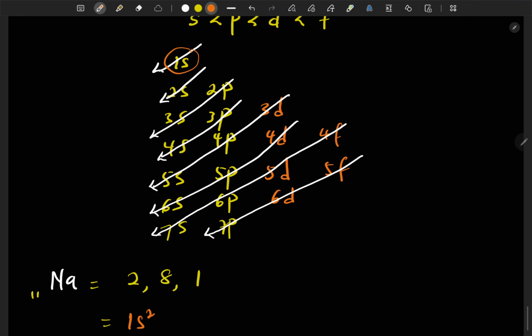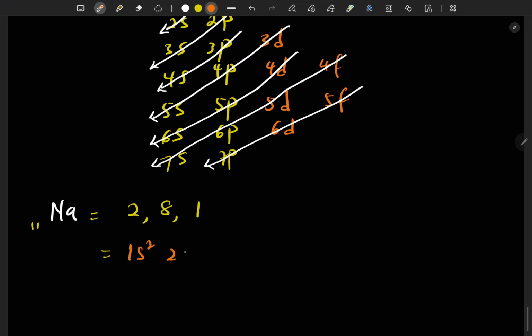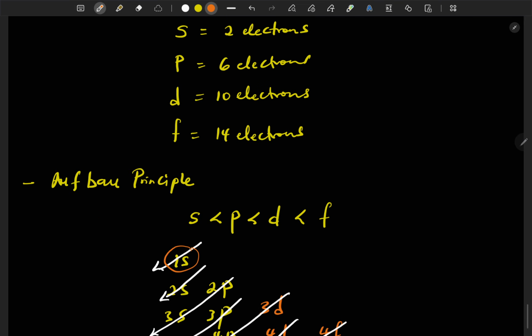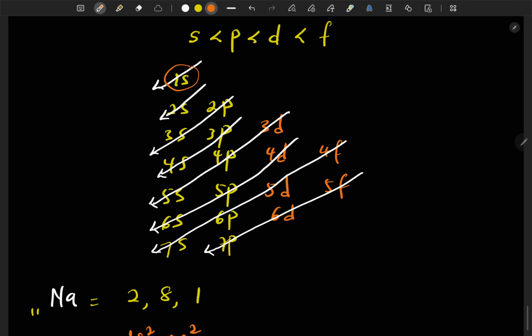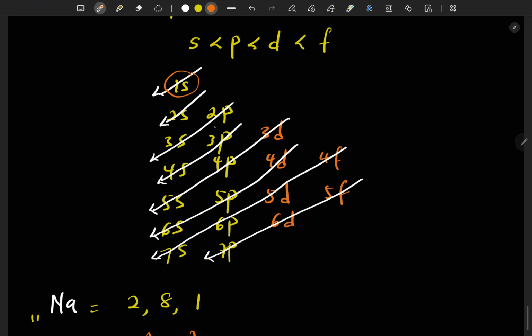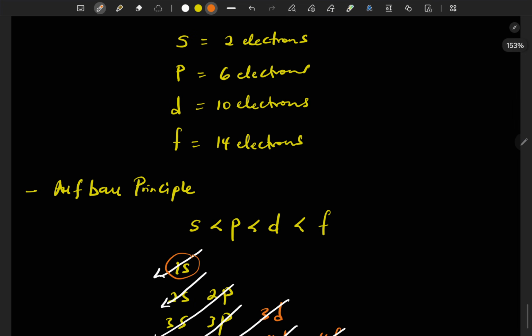Then what is the next orbital? If you follow this arrow, you're going to see that the next orbital is 2s. How many electrons can go into an s orbital? 2 electrons, so 2s2. Then the next orbital is 2p. How many electrons can go into a p orbital?